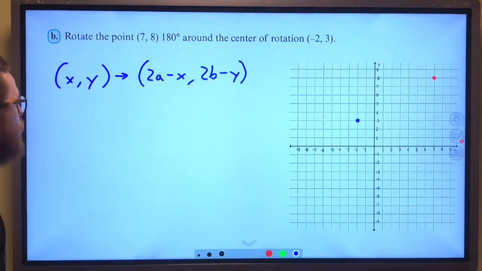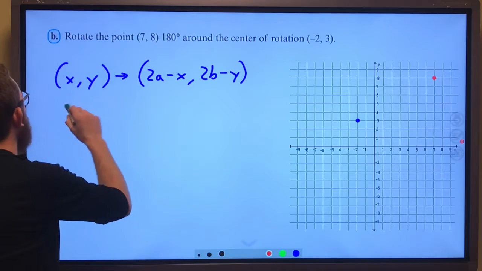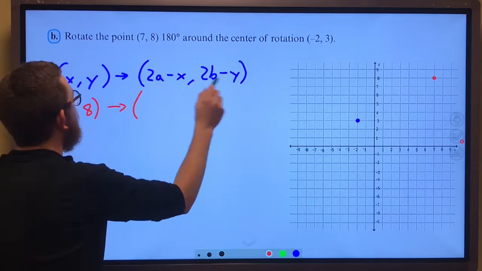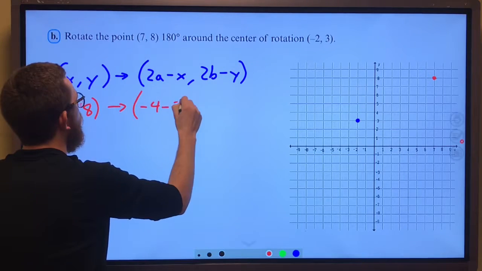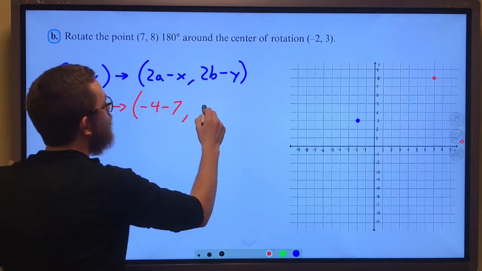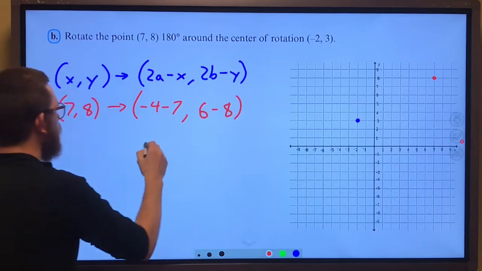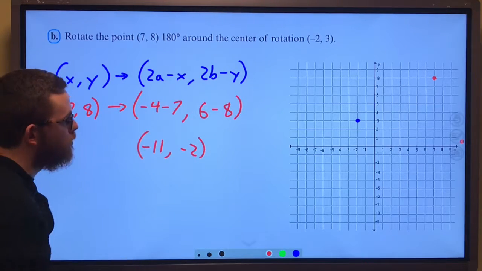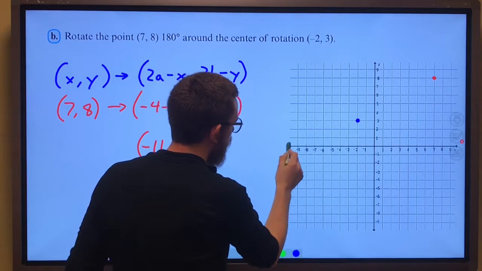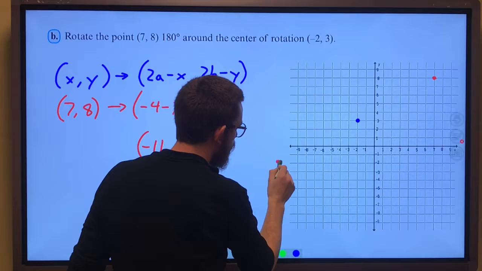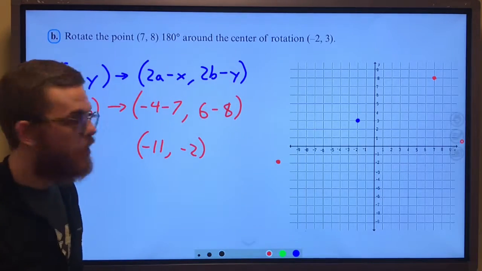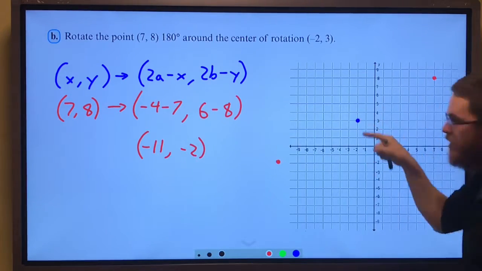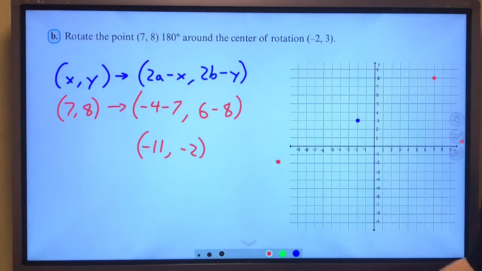It's going to make it so simple for us. We just plug in. We know our point was (7, 8). Since a is -2, we have -4 minus 7, which is -11. B is 3, which is going to be 6 minus 8, which gives us -2. So our new point is (-11, -2), out here. Doesn't that make sense? We've gone 180 degrees about that point right there.